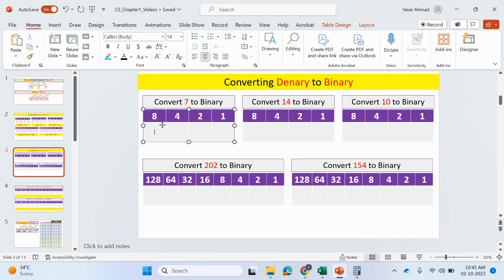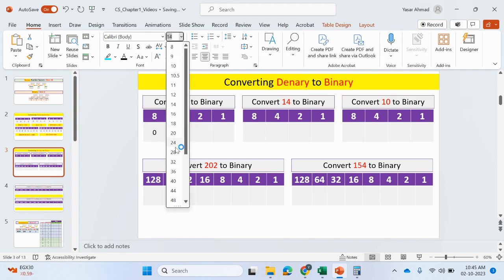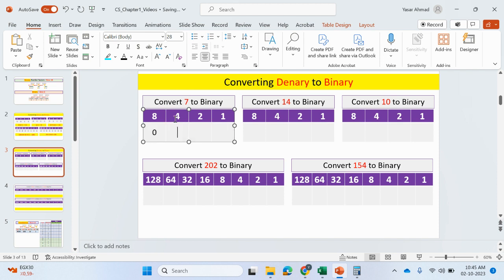First of all, we need to find values which will add up to 7. 8 is greater than 7, so we put a 0. 4 goes into 7, so we can put a 1 here. 3 is left over. 2 goes into 3, so we can put 1 here. 1 is left over. 1 goes into 1. Job done. 4 plus 2 is 6 plus 1 is equal to 7.